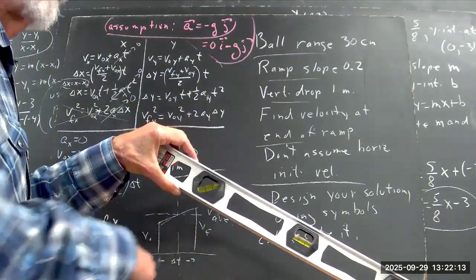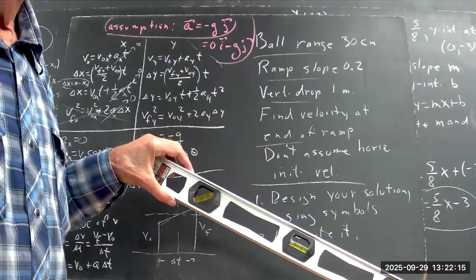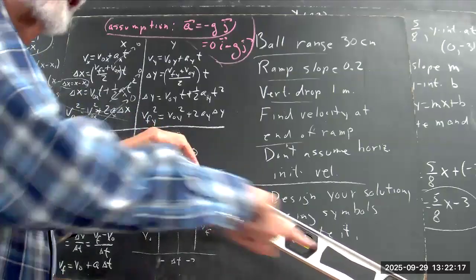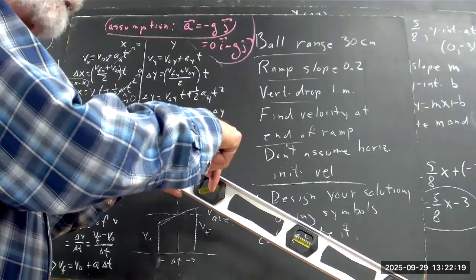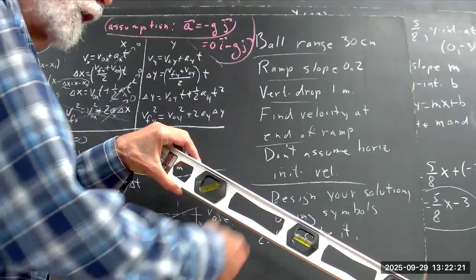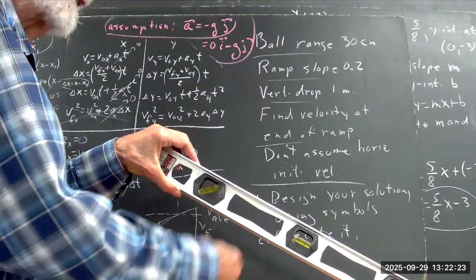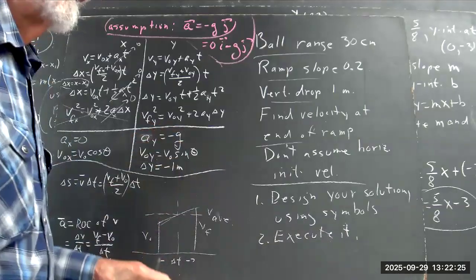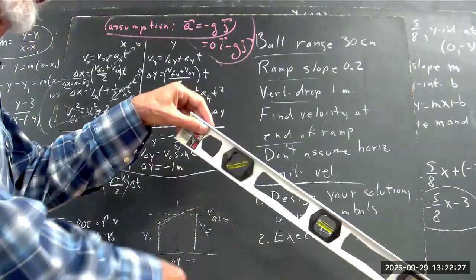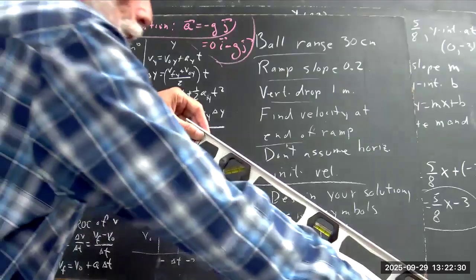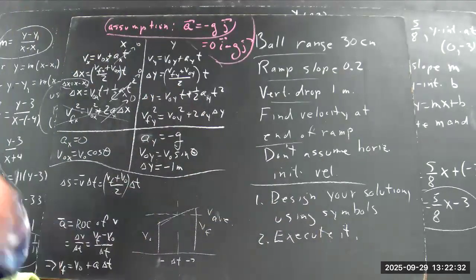Gravity's in this direction. Your x-axis is in this direction so that you project this vector on here. So it projects at a right angle to this. And the angle you have down here is going to be equal to the angle you have here. You should know that.